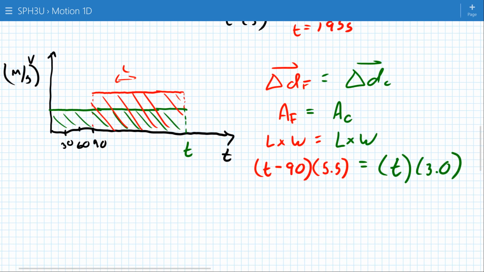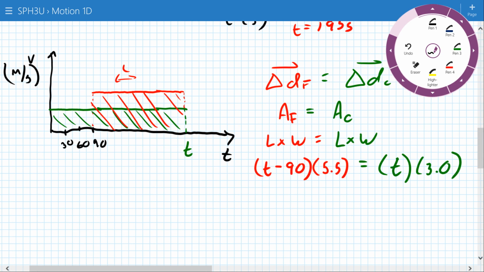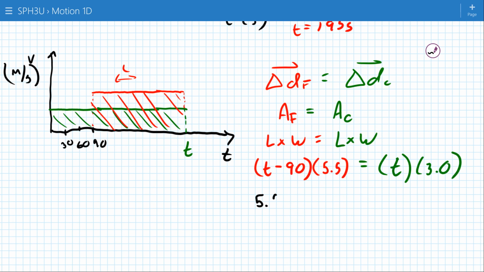If I solve this equation for t, where the two areas are equal to each other, I should get the exact answer of where the child is caught. Distributing that 5.5 into the brackets, I end up with 5.5t minus 495, and here I get 3.0t.